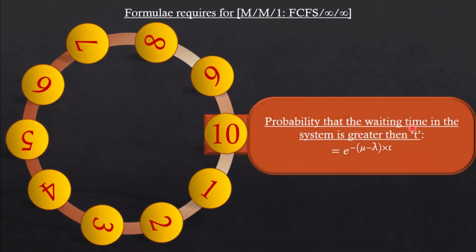Probability that the waiting time in the system is greater than time t is given by e to the power minus (mu minus lambda) multiplied by t. And if the probability of waiting time in the queue is asked, we multiply here by lambda by mu. I hope this is clear now.